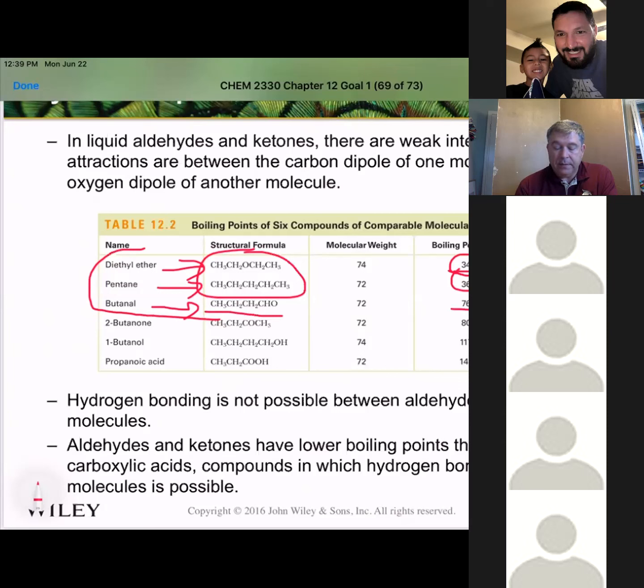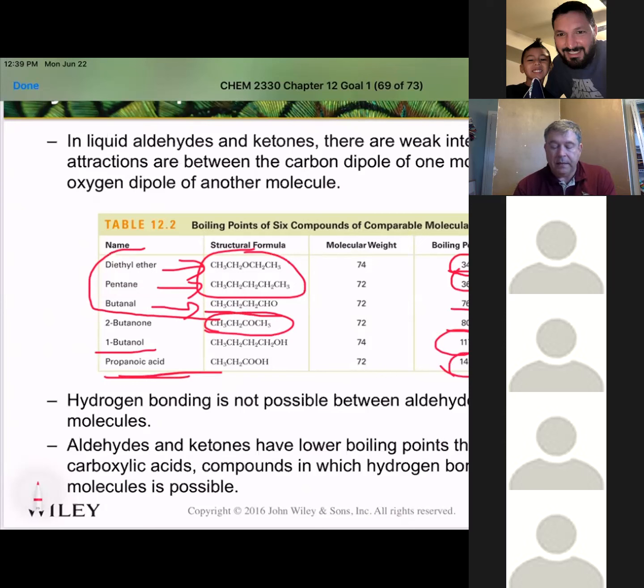Now the ketone has the same effect here. Notice this ketone is about the same molecular weight, with about the same bonding. However, if you add one thing that can hydrogen bond, the alcohol, it jumps again. And if you add the carboxylic acid, which forms a different kind of hydrogen bonding, it raises it even more.